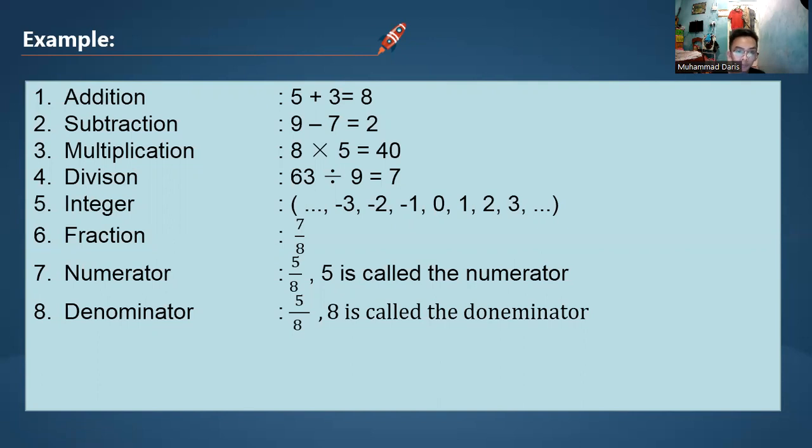Okay. Fraction. The fraction is 7 per 8, or we can call 7 above 8. Okay. Numerator, 5 per 8. 5 is called the numerator. Denominator, 8 is called the denominator, which is below this.